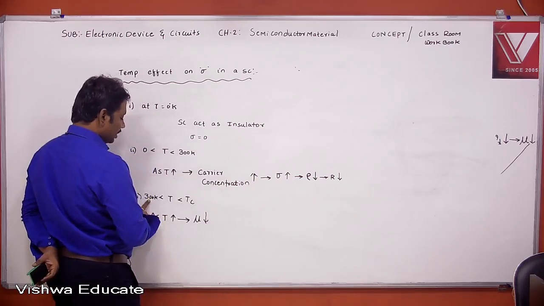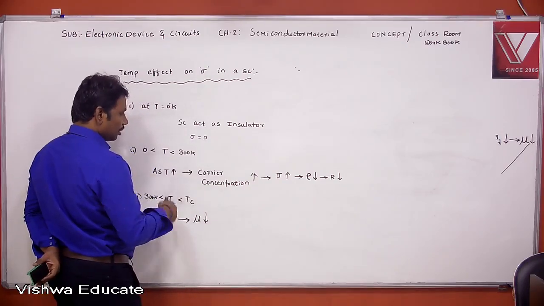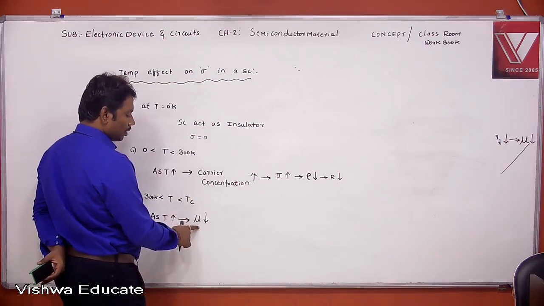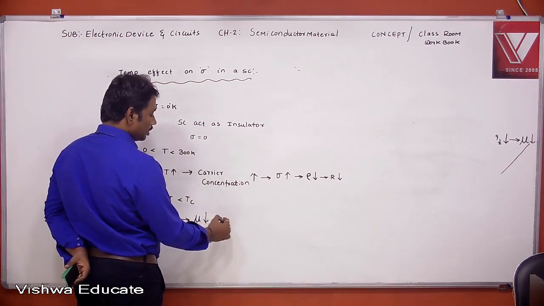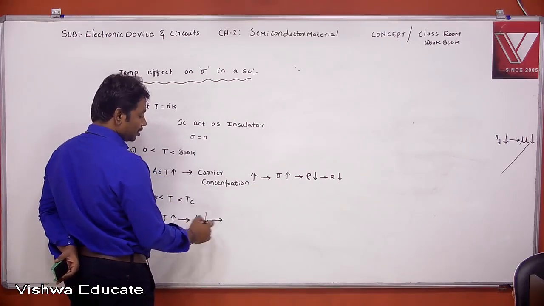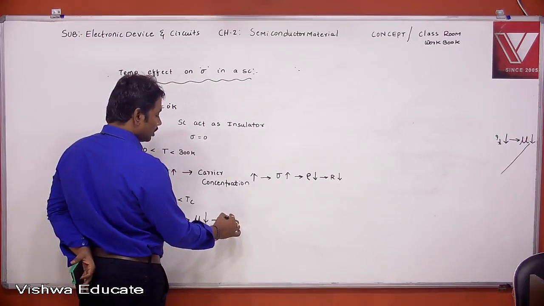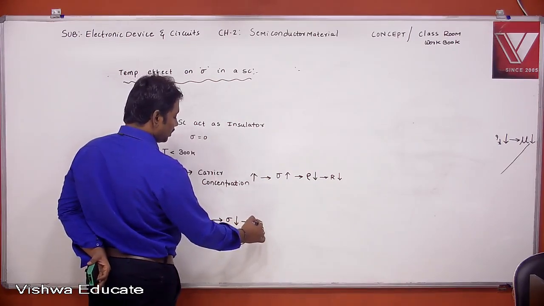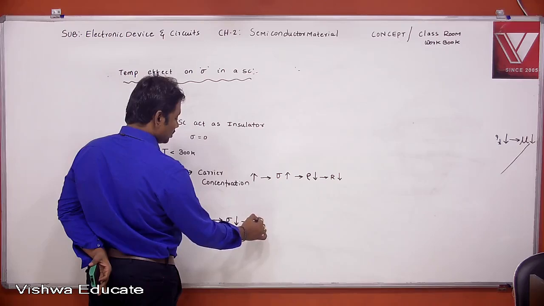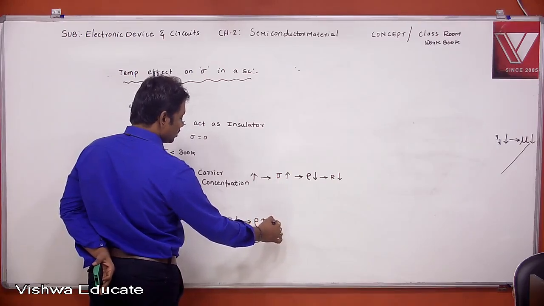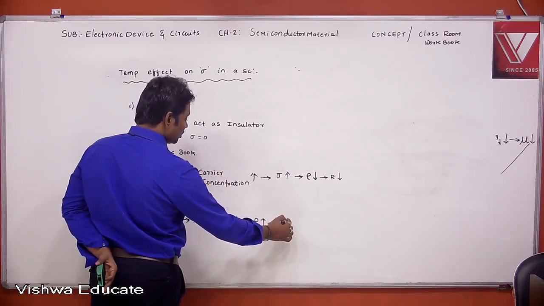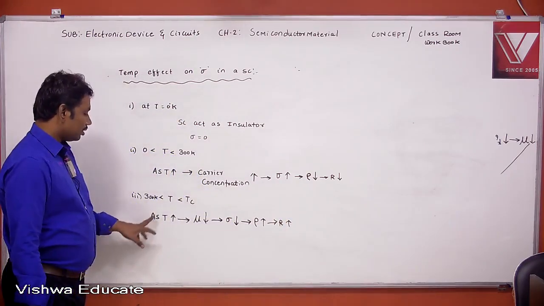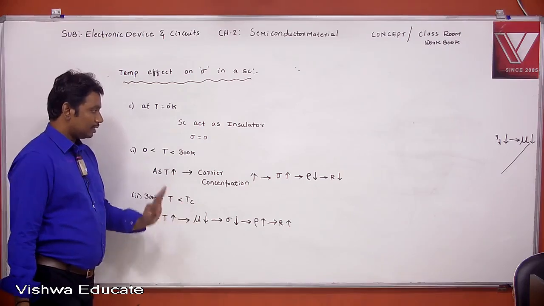If you increase beyond room temperature, the number of collisions in a semiconductor increases. Because of the collisions, the mobility of the charge carrier is decreased. If the mobility decreases, the conductivity also decreases. If conductivity decreases, the resistivity increases. If resistivity increases, the resistance also increases, right? This is between 300 degrees Kelvin and Tc, right?